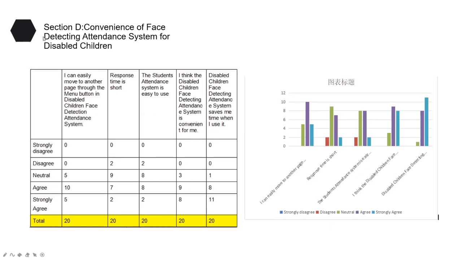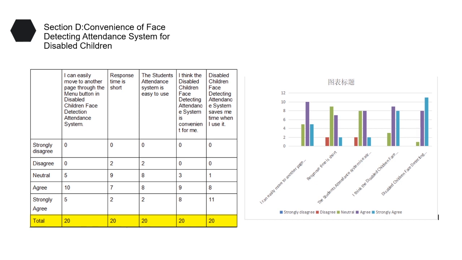And for section D, the convenience of the face detecting attendance system for disabled children. The convenience, I think, should be the most important part of my project. We can see the first question: I can easily move to another page through the menu. The second one is the response time is short.